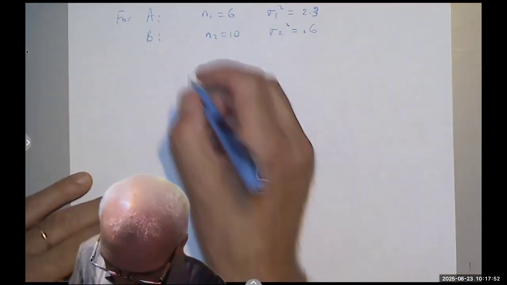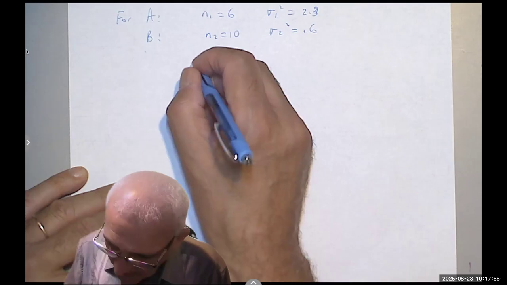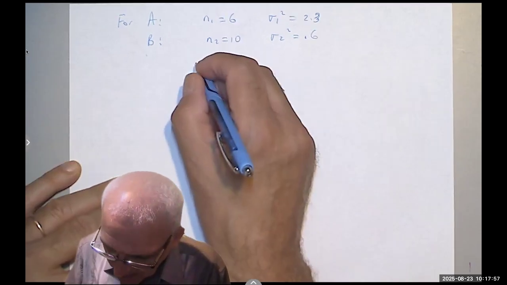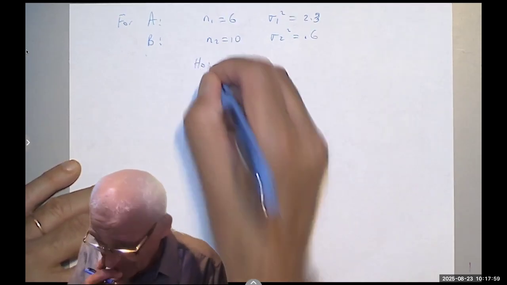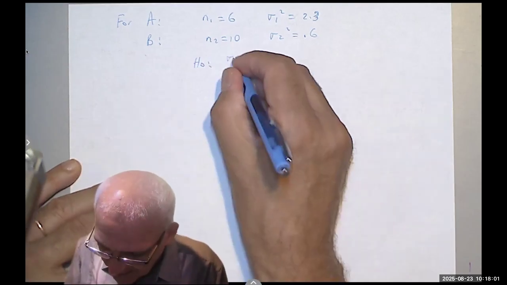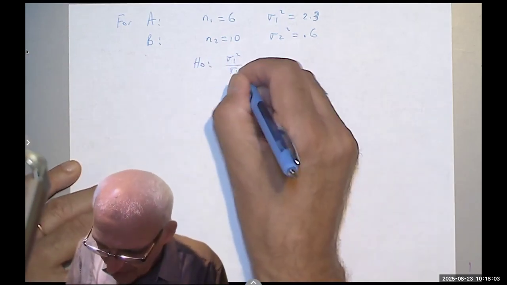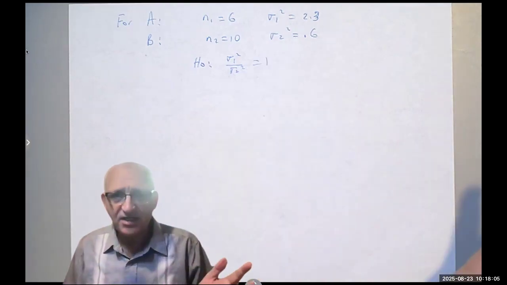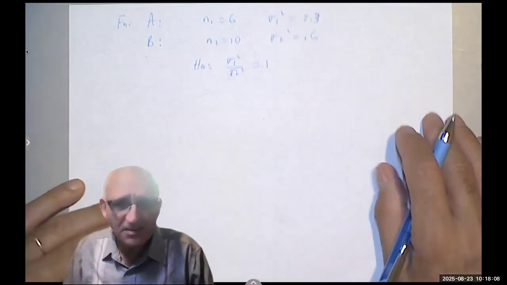So, very simple. First of all, the null hypothesis is that sigma 1 square over sigma 2 square equals 1, which is sigma 1 square equals sigma 2 square. That would usually be the case.